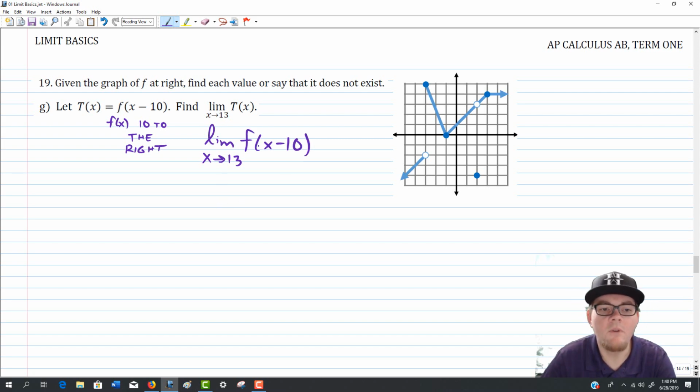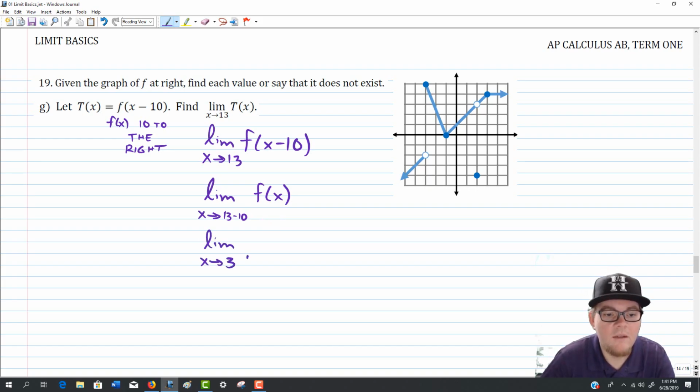So we've done this before. The limit as x goes to 13 of f of x minus 10, that shifted graph, is the same thing as the limit as x goes to 13 minus 10, or 3, of f of x. So we really want to evaluate the limit as x goes to 3 of f of x, because that describes the behavior of the function we're looking at.